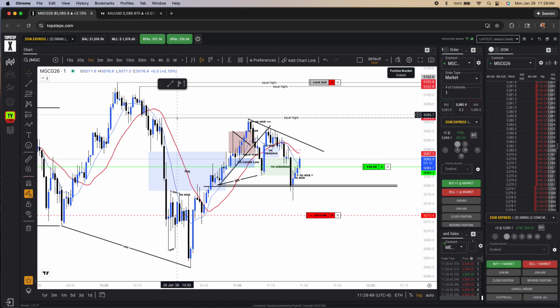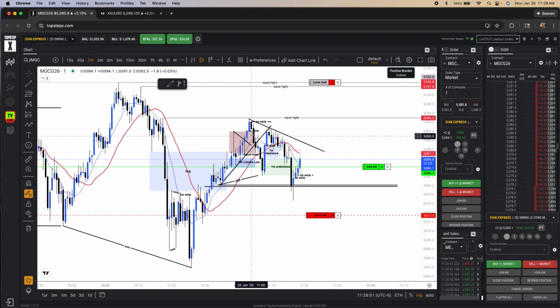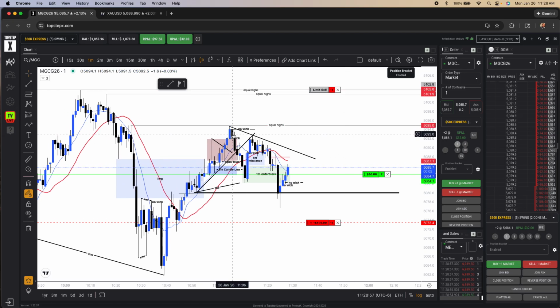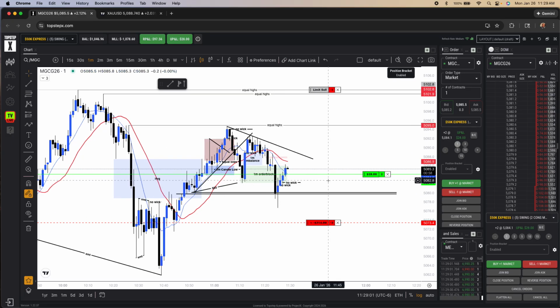And that's what I was waiting for earlier once we got our first initial reaction up here. So now that we've reacted out of this, I definitely think if we're going to push up strong here, we should run through that. No wick on the 30-second candle. Let's see what happens.